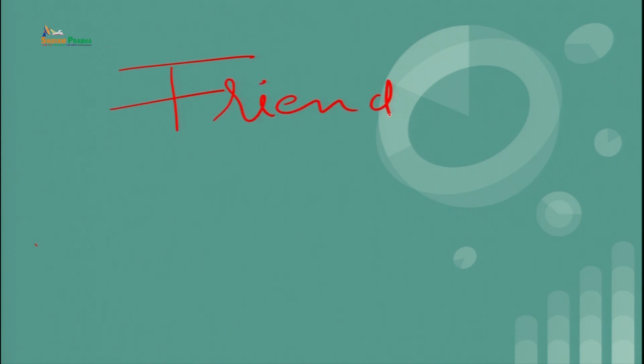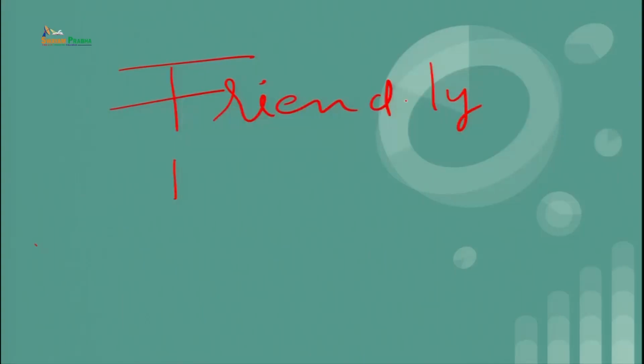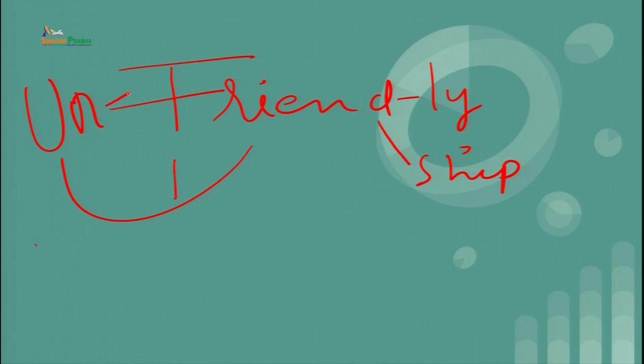Can you think of the suffixes or prefixes that you can add to this stem? I am sure you would have a lot of answers saying that yes, we can add ly. You can also add ship to make it friendship, and you can add a prefix while making it unfriendly.